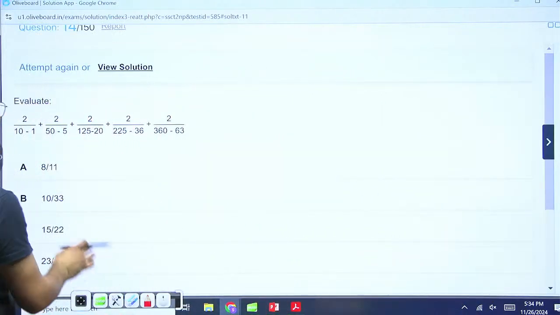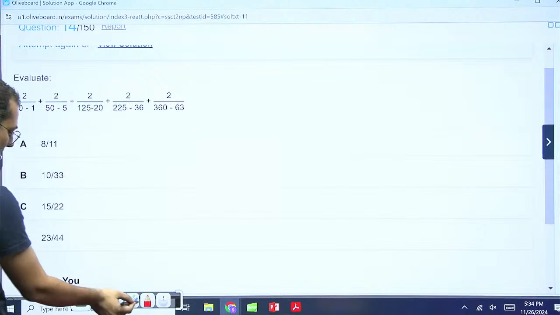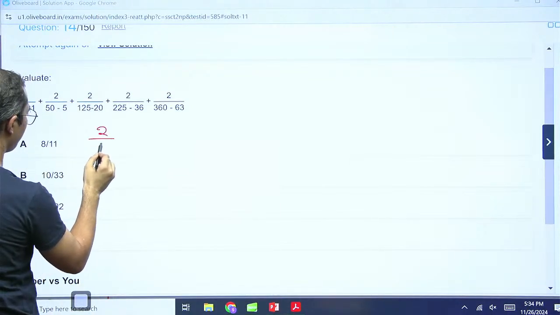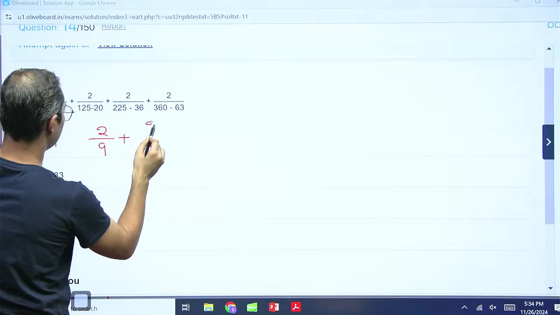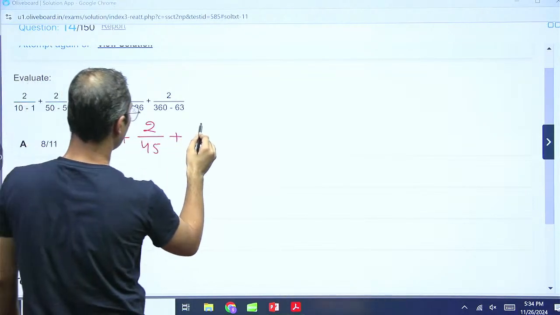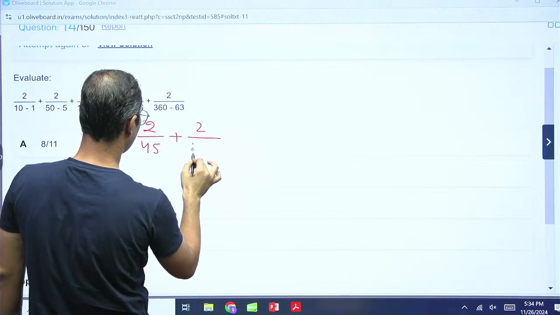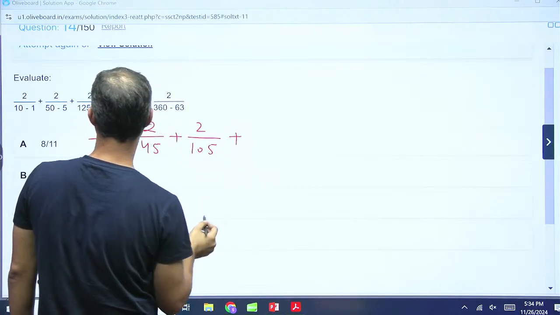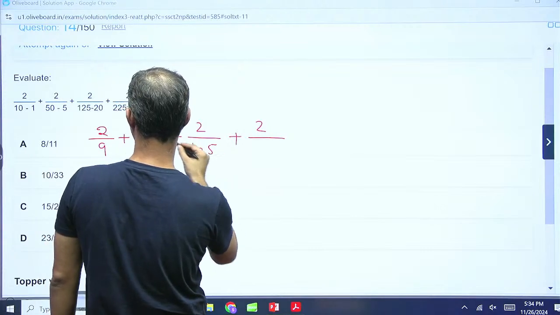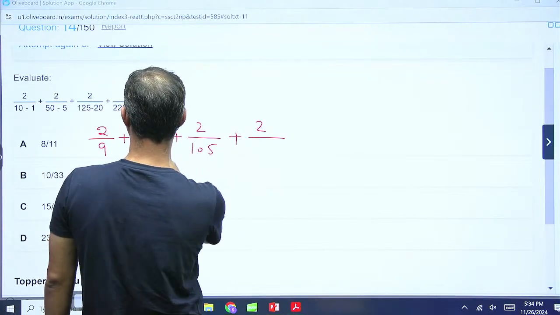See, again very easy question, right? So here we can say that we can write this 2 by 9 plus 2 by 45 plus 2 by 105 plus 2 by how much?